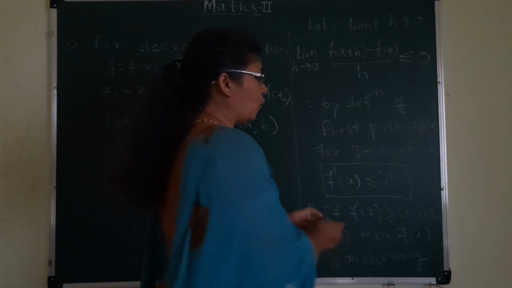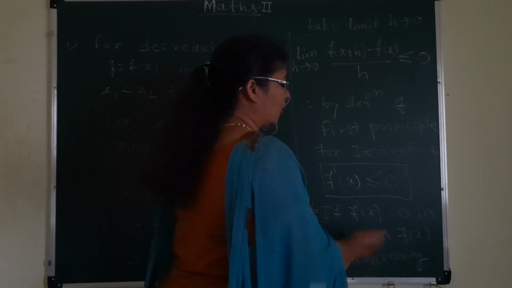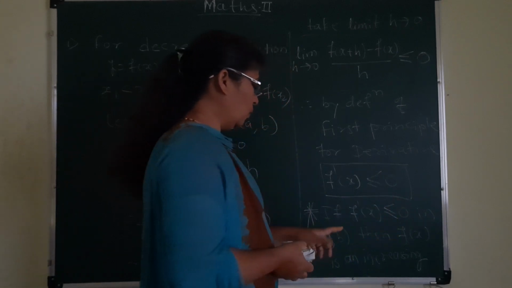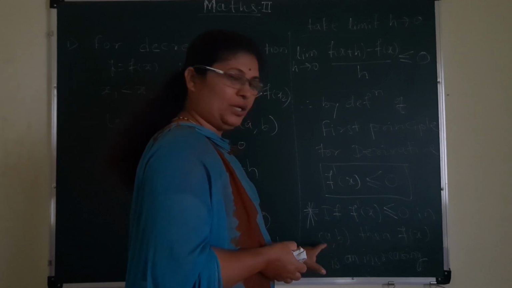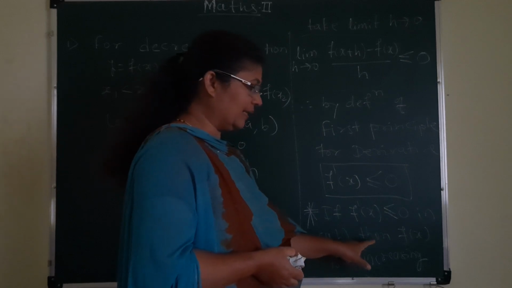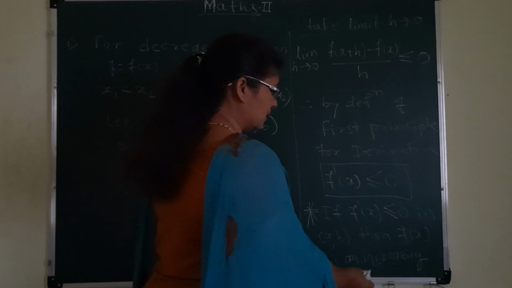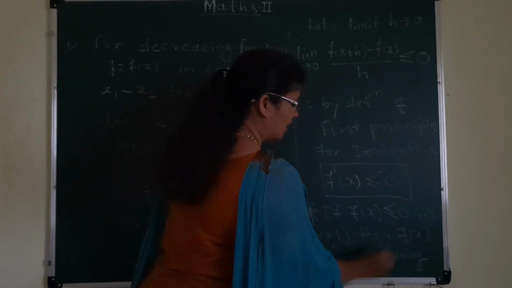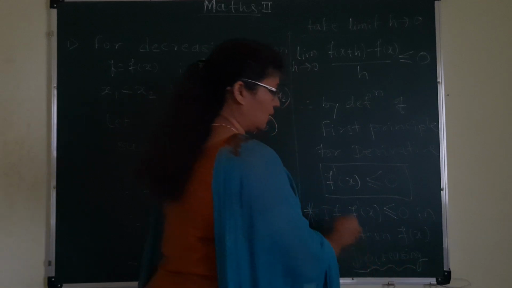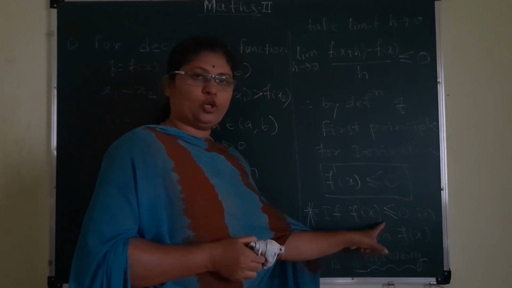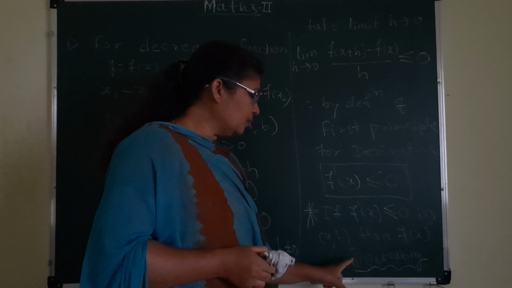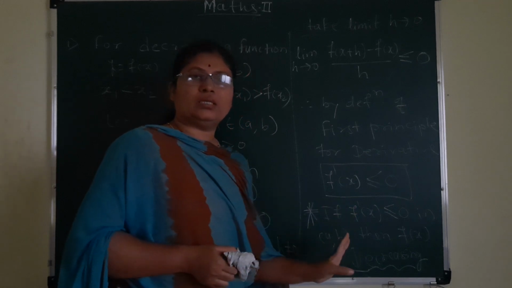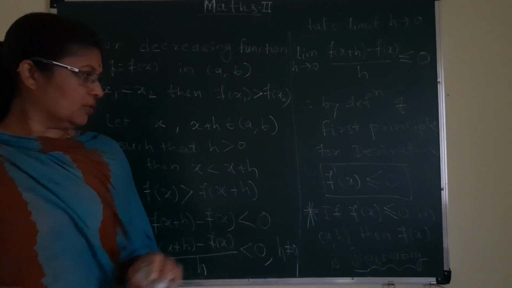So the conclusion: if f dash of x is less than or equal to 0 in this interval a to b, then f of x is a decreasing function. Got it? f dash of x less than or equal to 0 means f of x is a decreasing function.